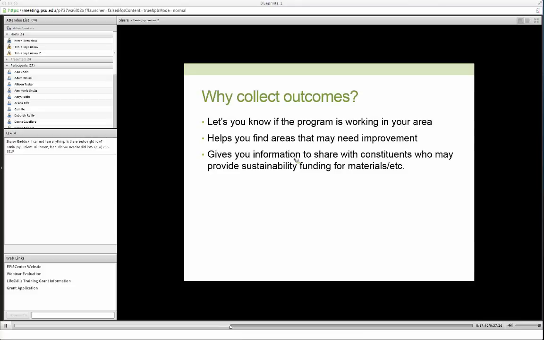So just really quickly, why should you collect outcomes? We're hoping that everyone who's on the call today will at least consider collecting outcomes in their school districts. This really does allow you to get a sense of how the program is working.